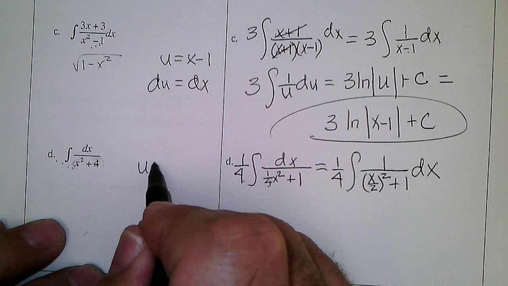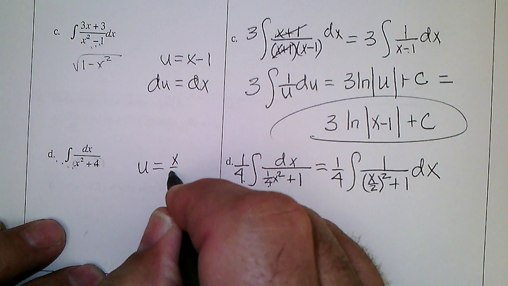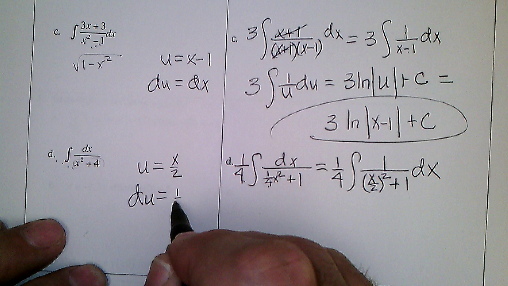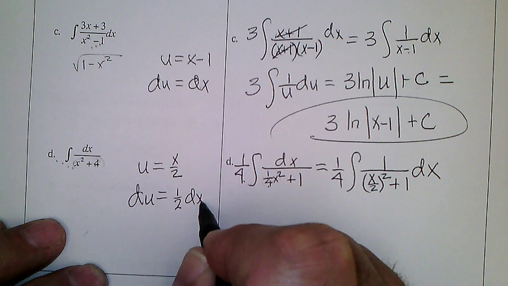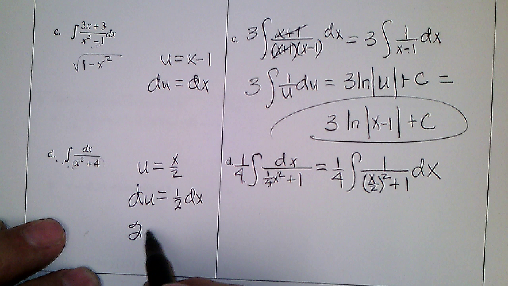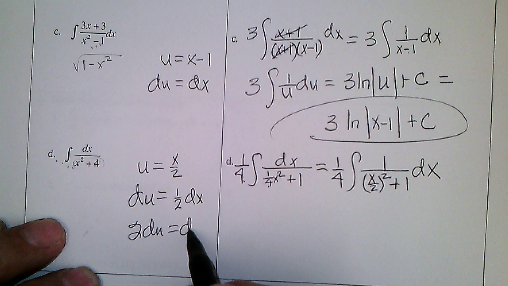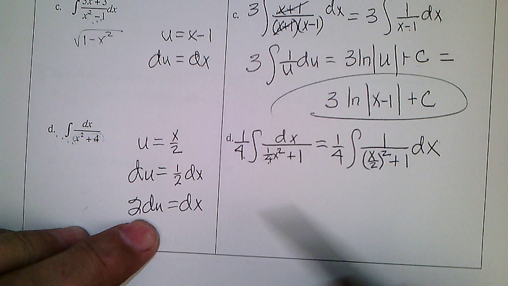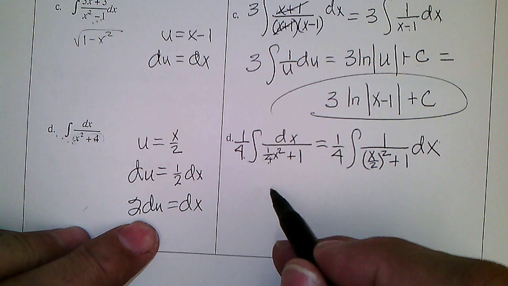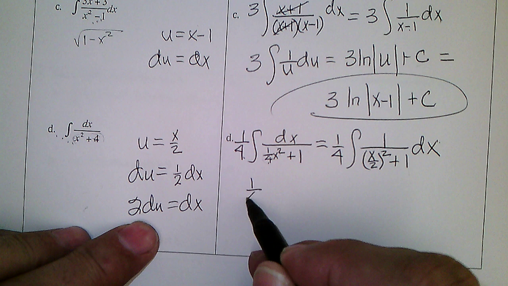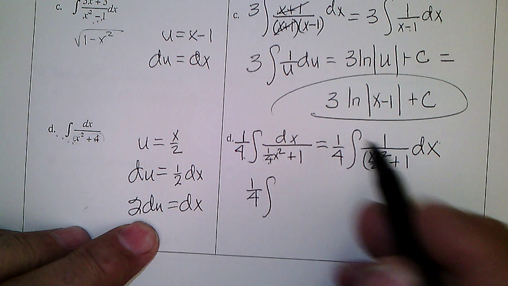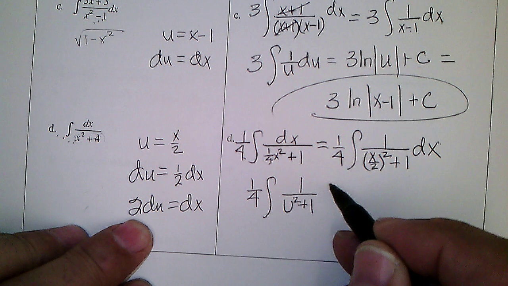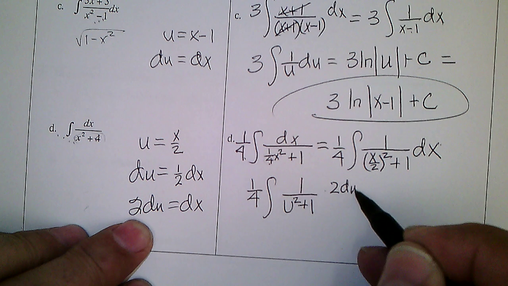And if I let u equal x over 2, du would equal 1/2 dx, multiply by the 2, and I get 2 du equals dx. So I'm going to replace dx with 2 du. So I'm going to have the 1/4 integral of 1 over u squared plus 1 times 2 du.